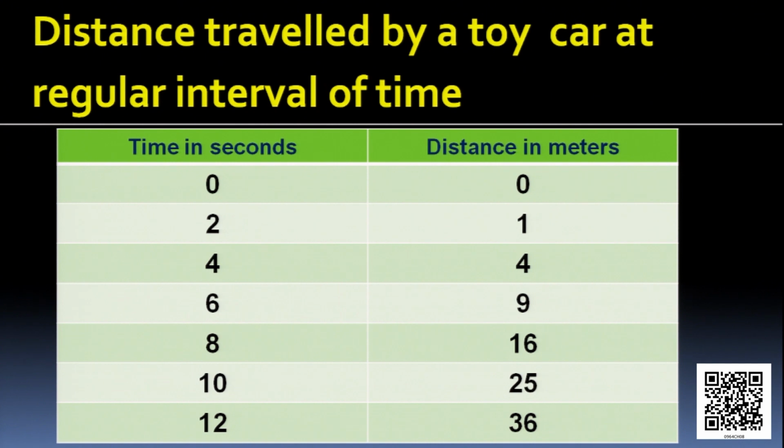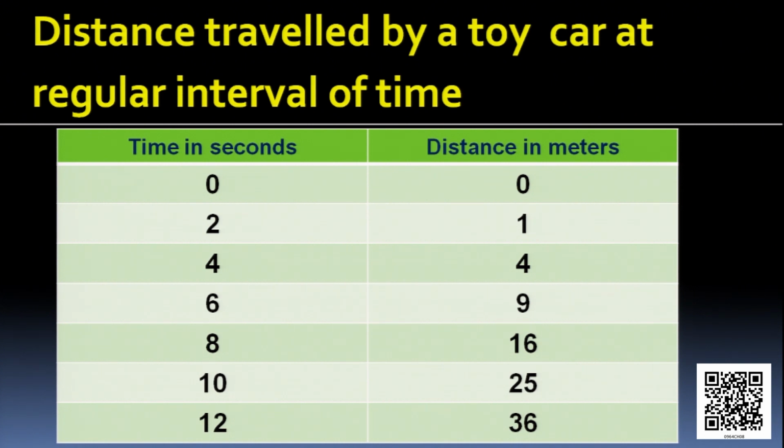Whenever the time is 0 seconds, distance is 0, that means the object is at rest. Whenever the time is 2 seconds, the distance covered by the object is 1 meter. Whenever time is 4 seconds, the distance covered is 4 meters.